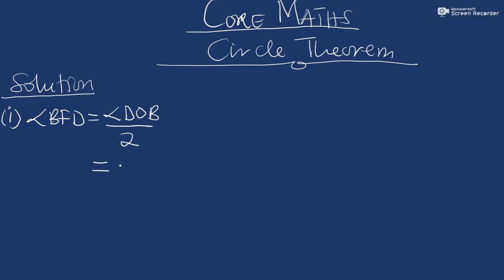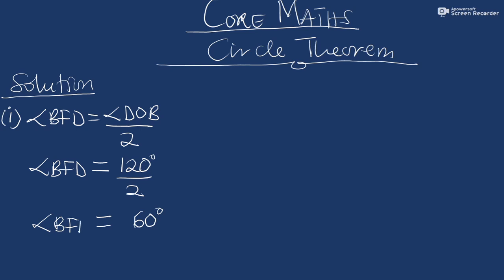Now substituting, we have 120 degrees over 2 equals angle BFD. Simplifying, we have 60 degrees equals angle BFD. So the answer to the I is 60 degrees. I hope you had it right.